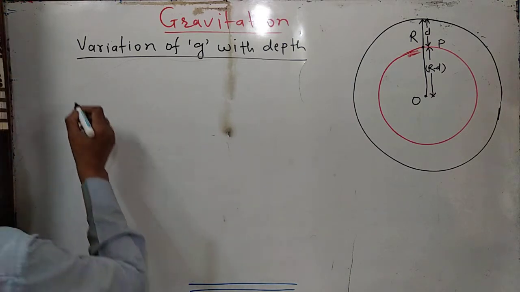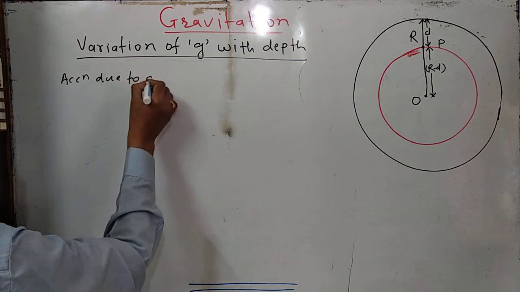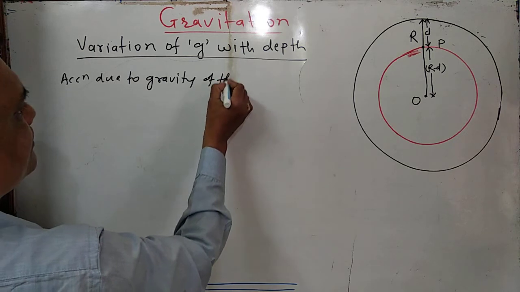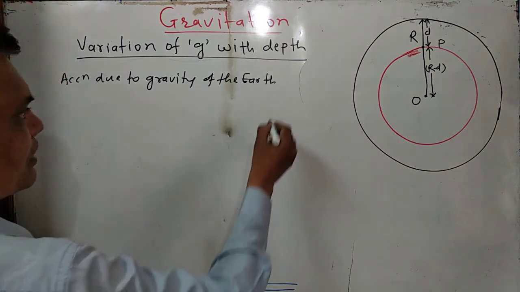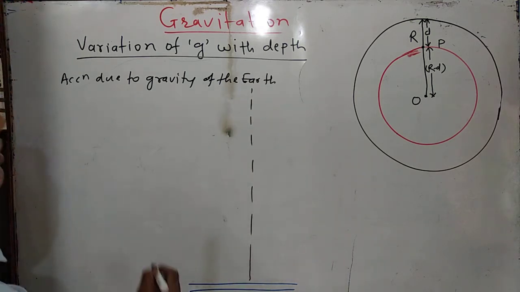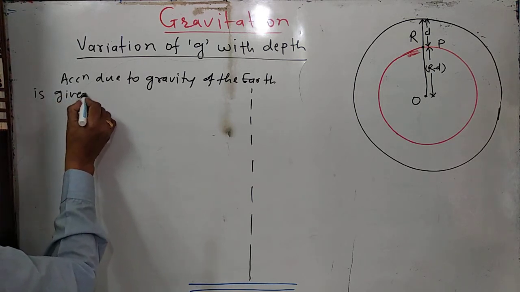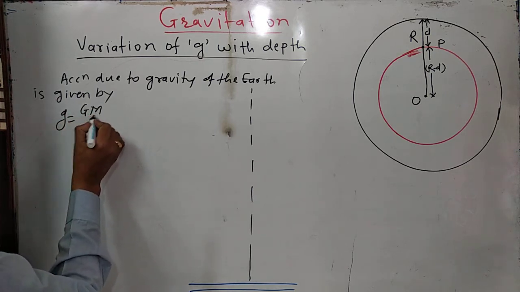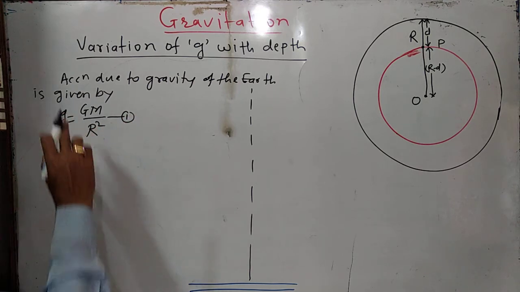Suppose that the acceleration due to gravity of the earth is given by g equal to GM upon R square, where G is the gravitational constant.